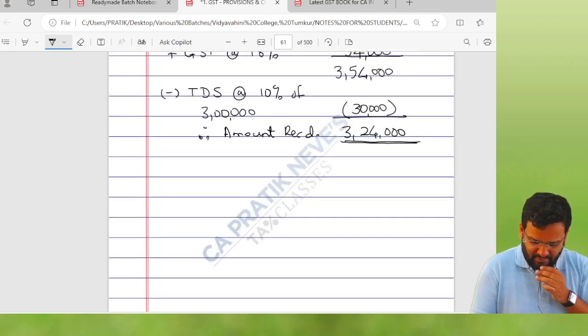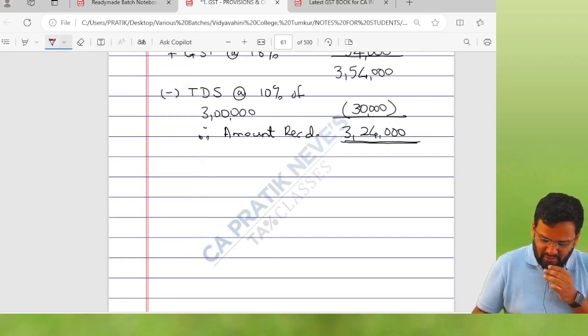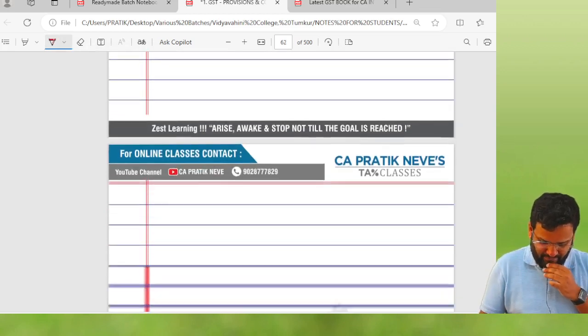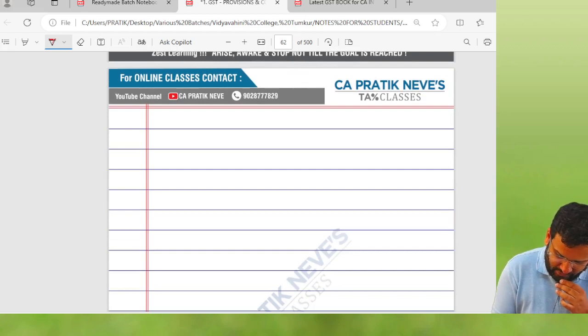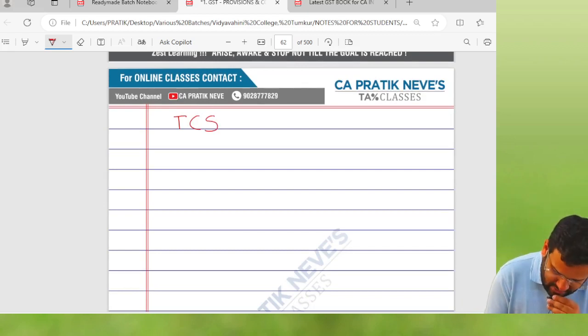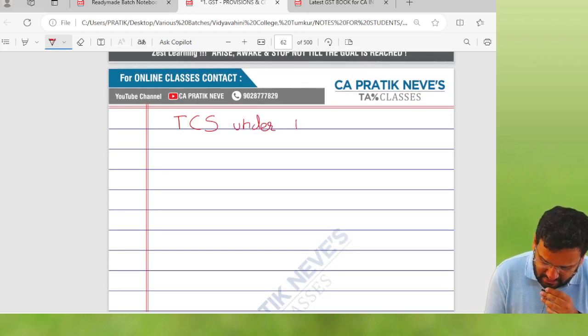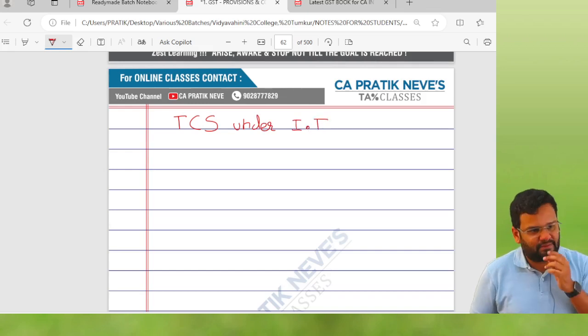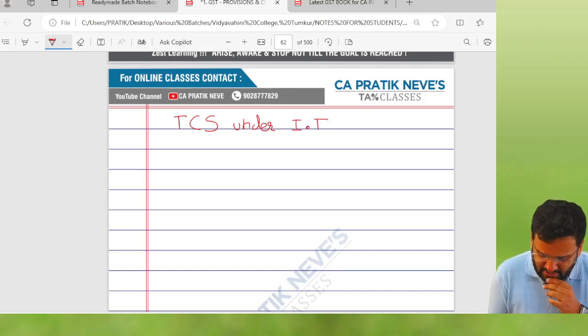Next. Now write down TCS. Tax collection at source. TCS under GST. TCS under income tax.